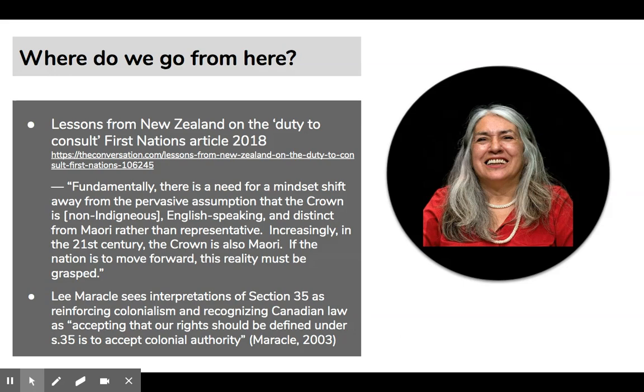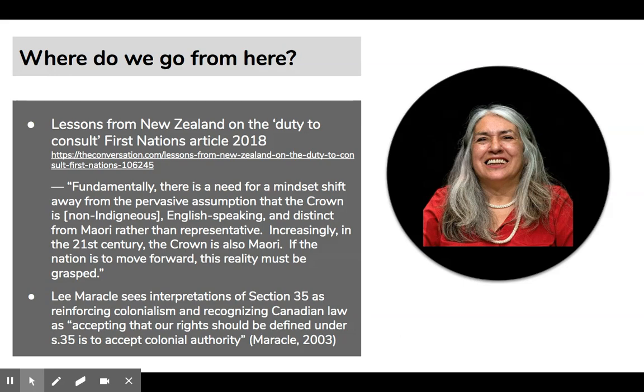Lee Maracle has described Section 35 of the Canadian Constitution as reinforcing colonialism and recognizing Canadian law as accepting colonial authority. I don't disagree, but I wonder if recognizing Indigenous people as neighbors in a collective under the Crown might transform the way that we see the rights of Indigenous people in the entire Canadian Constitution.